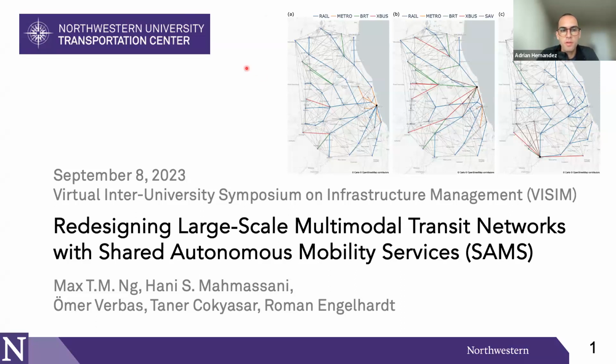He has previous experience in rail decarbonization and freight resilience, and before joining Northwestern, Max obtained his bachelor's degree in civil engineering at the University of Hong Kong and worked at the MTR Corporation. He's a chartered civil engineer in the UK and the Institution of Civil Engineers representative for the USA Midwest. So with that, I'd like to hand it over to Max.